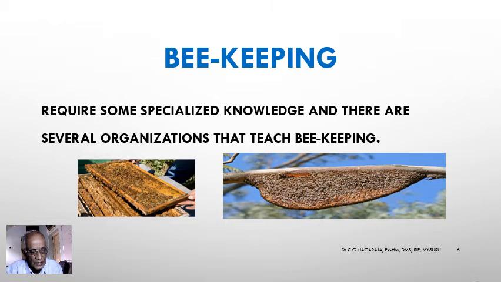It's called the honeycomb, where inside the honeycomb the honey is stored. The second one is the man-made one, where the cultivating and growing of the bees takes place, and they will produce honey in the combs. We shall look into the special knowledge we require to maintain the beehives.